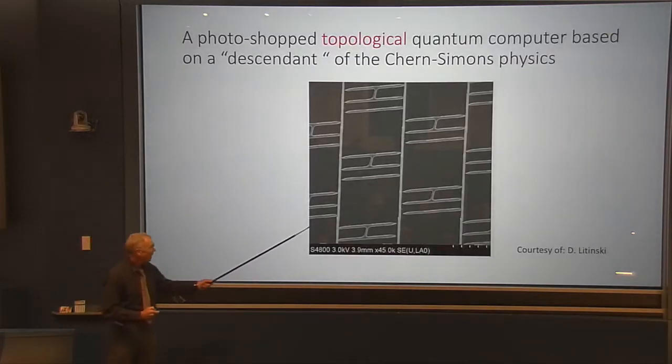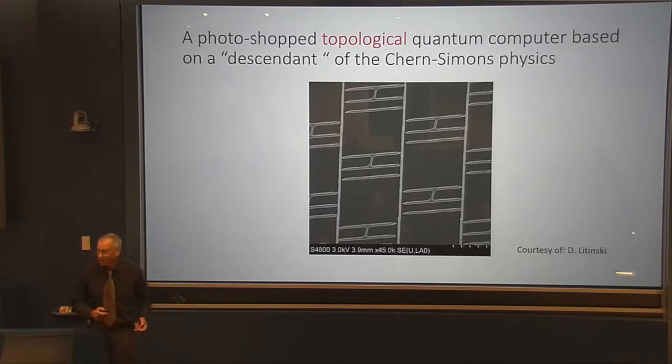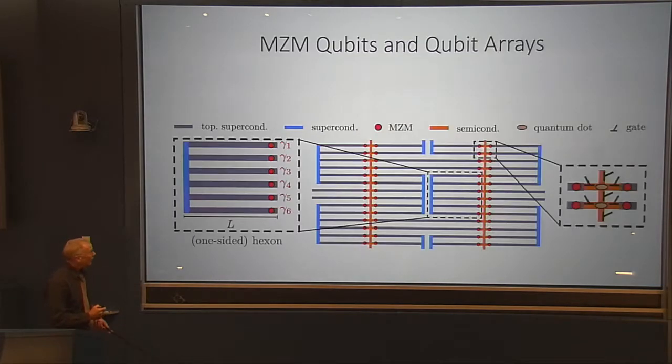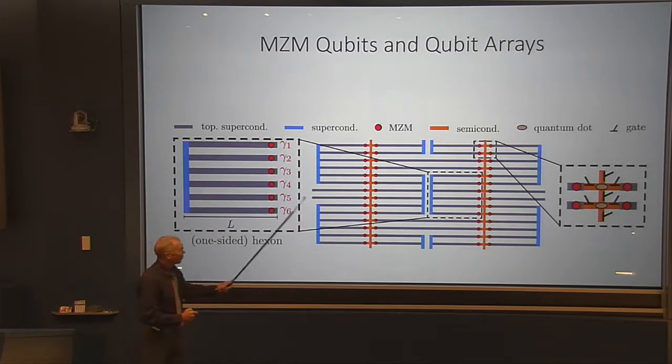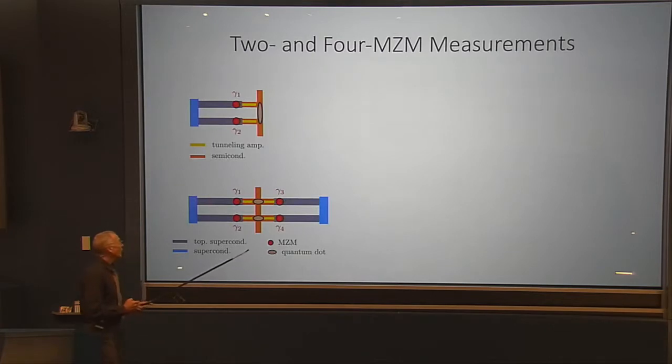And now I wish we had this. This is made in Photoshop rather than in our lab, but in the next several weeks we should have something like this. And this is sort of our roadmap. We've planned out something that's sort of a periodic design where qubits, these are the Majorana modes, and these are superconducting islands, can be arranged and gated and read out by semiconductor dots.